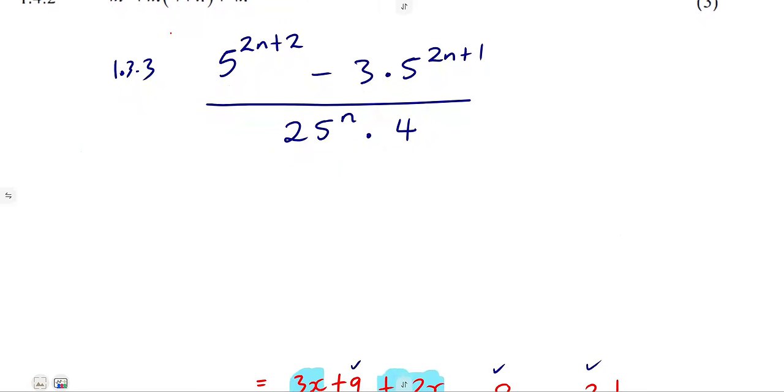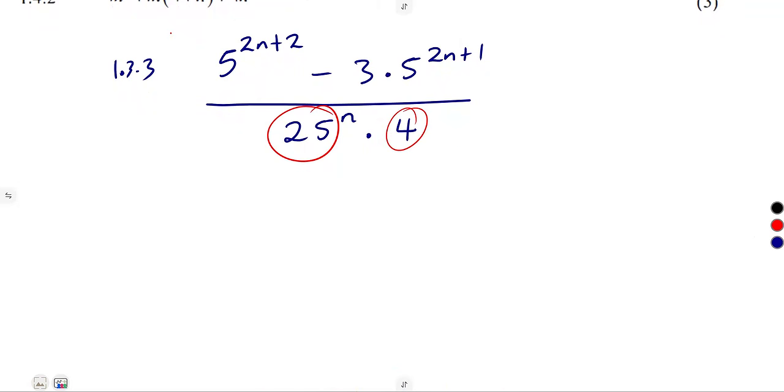Remember, I always say when you're given this type of question where we've got mixed numbers, there is 5, there is 3, there is 5, there is 25, there is 4, try to figure out where the exponent is and write those numbers in simplest form, meaning as prime numbers.